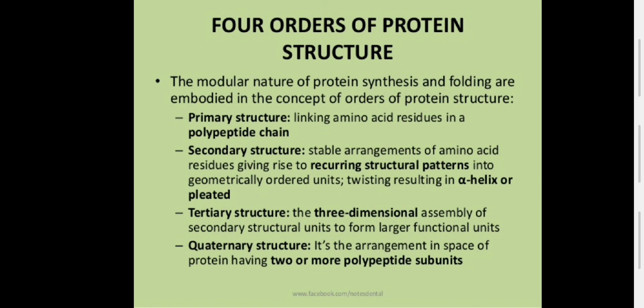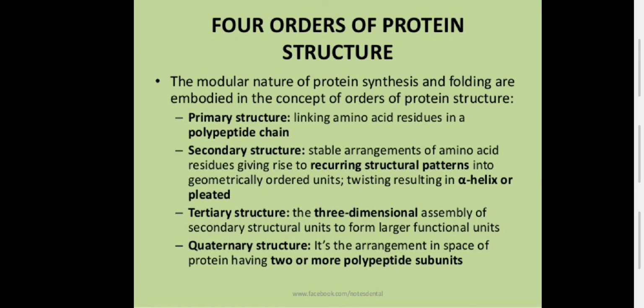The modular nature of protein synthesis, folding, is embodied in the concept of orders in protein structure. This is constant when it comes to structure. It always starts with the primary structure, which is basically linked amino acid residues in a long polypeptide chain.